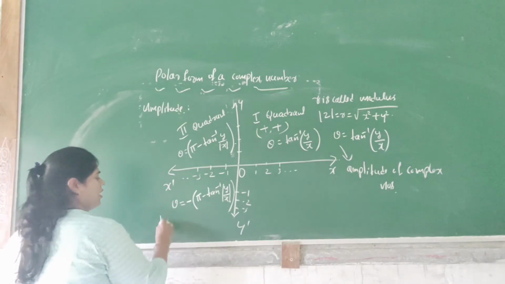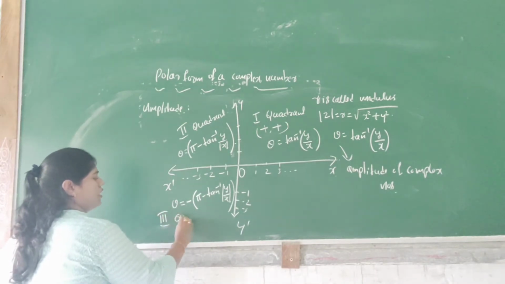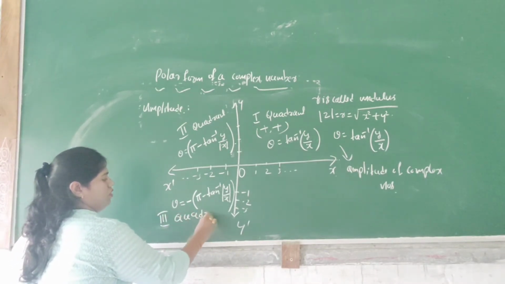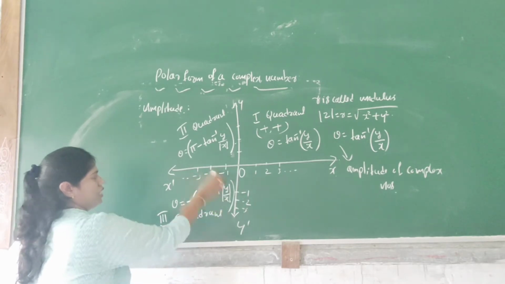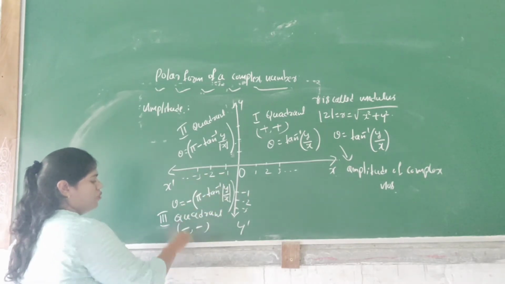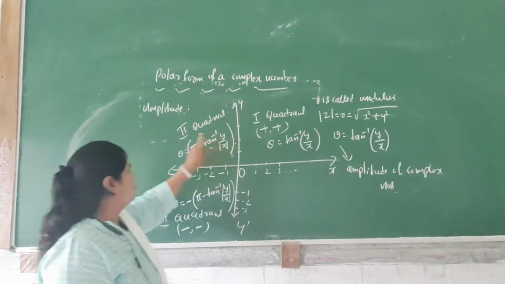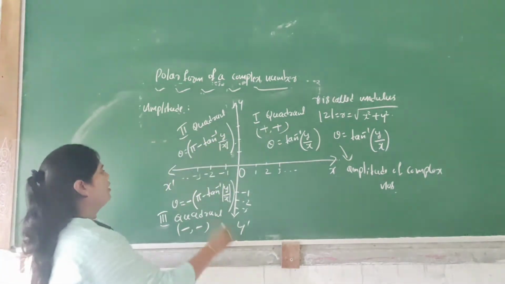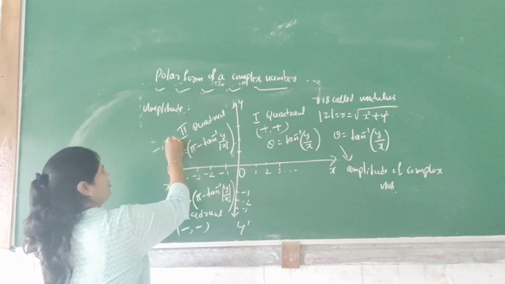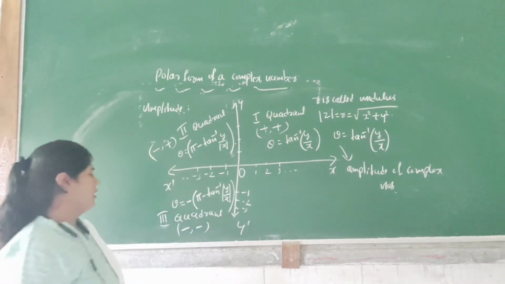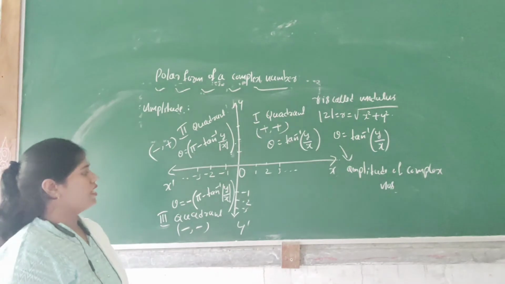So for the third quadrant, what is the sign? For x-axis, y-axis you have to write. Both are minus, no. Minus, minus. Plus, plus. Minus, plus. Third quadrant, minus, minus.